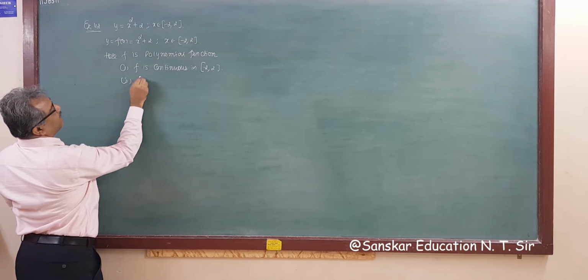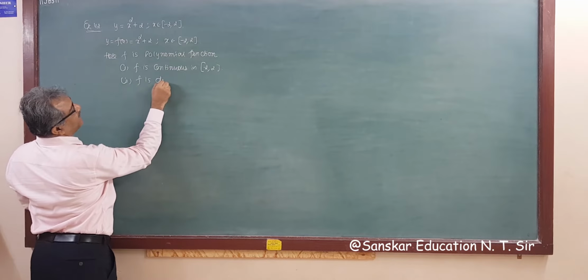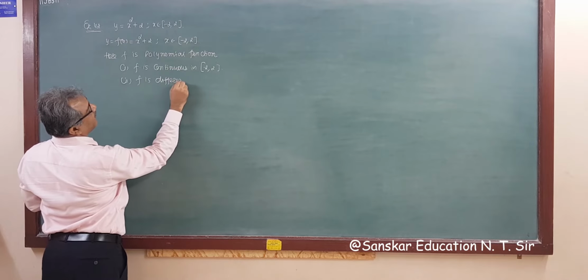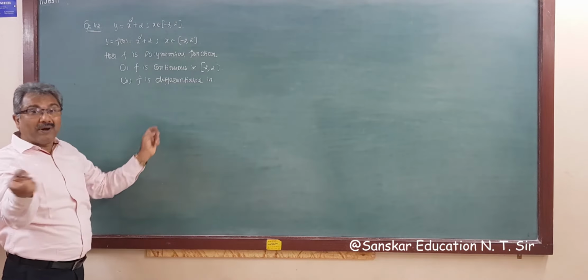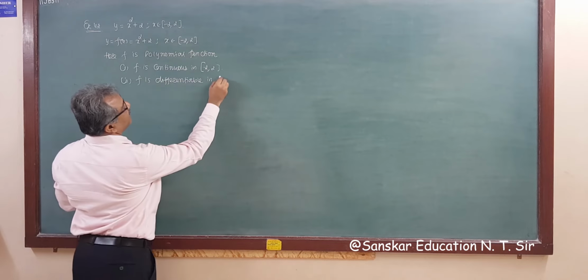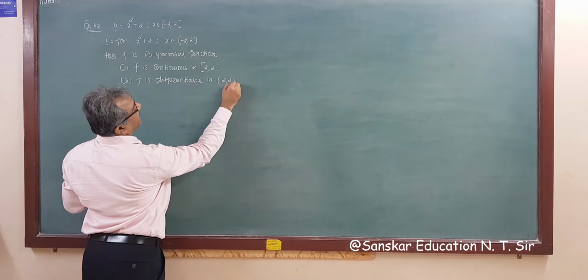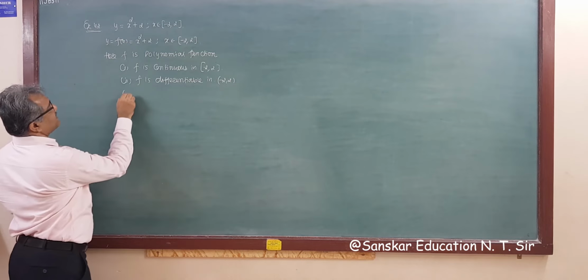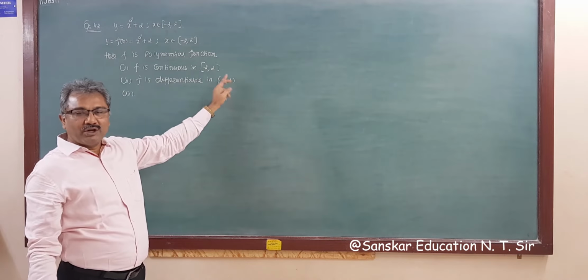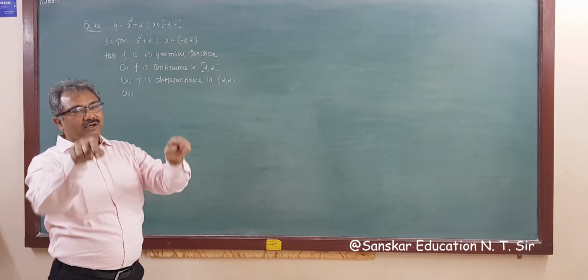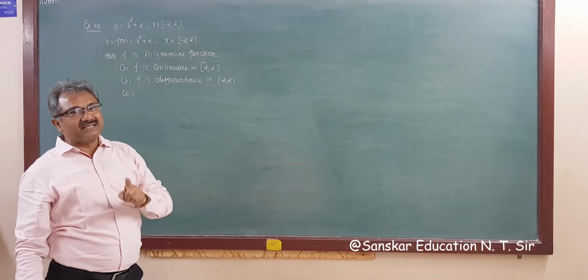Then the second condition, f is differentiable in the open interval minus 2 comma 2. The third condition, you have to verify f of minus 2 and f of 2. If both are the same, then Rolle's theorem is applicable. Otherwise, Rolle's theorem is not applicable.